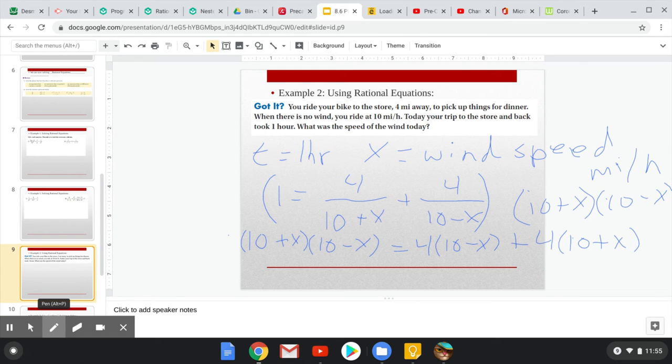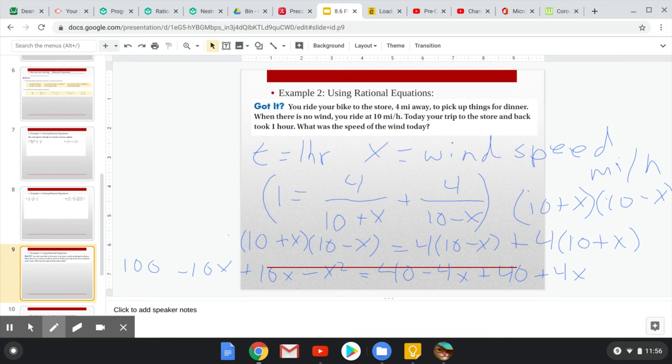Okay, now we know how to solve this. First thing we're going to do is FOIL these. So I have 100 minus 10x plus 10x minus x squared equals, and then I'm going to distribute, so I have 40 minus 4x plus 40 plus 4x.